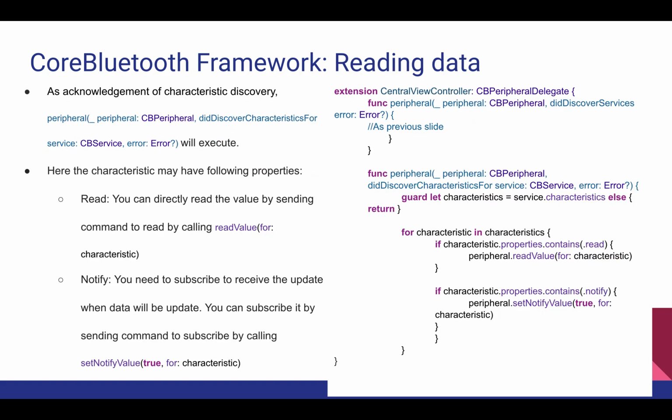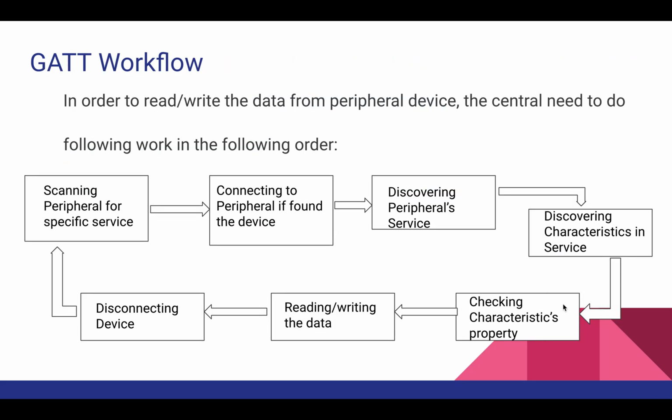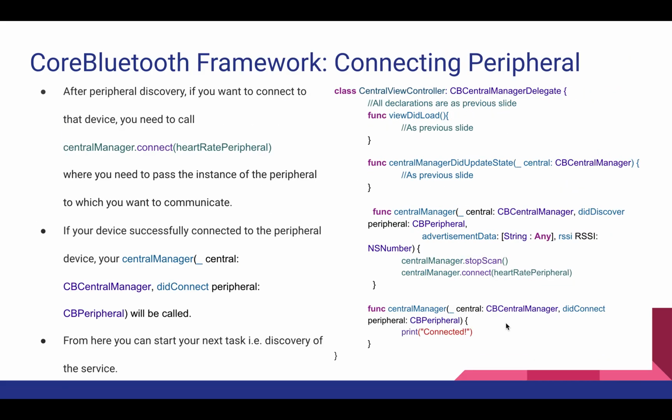Now we have searched the desired characteristic, and our next step will be reading the data. Or before reading the data, we need to check the properties. As you remember, after discovering the characteristic, the next step will be checking the characteristic's properties.